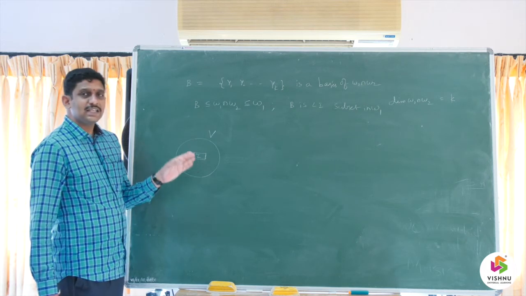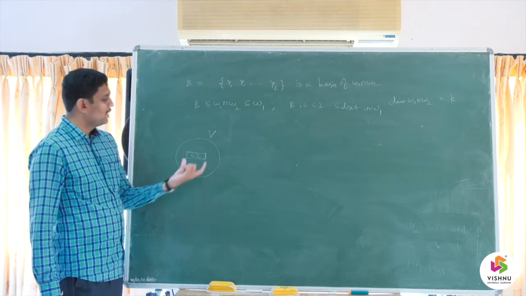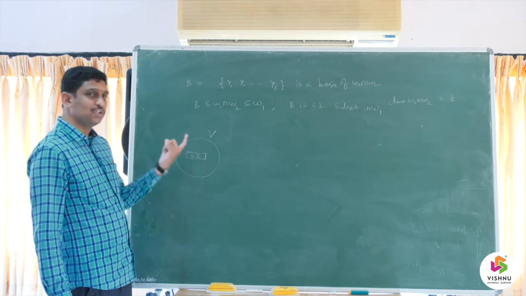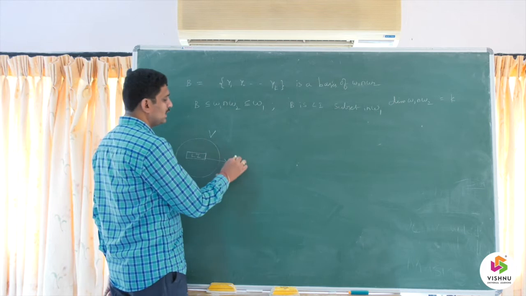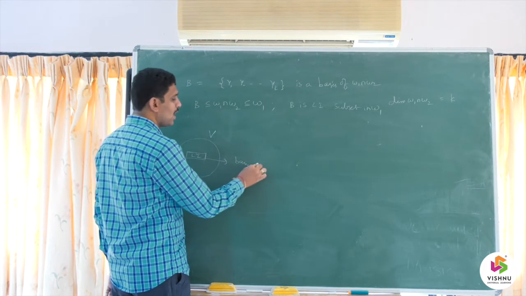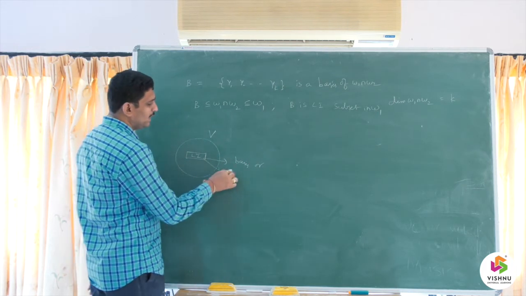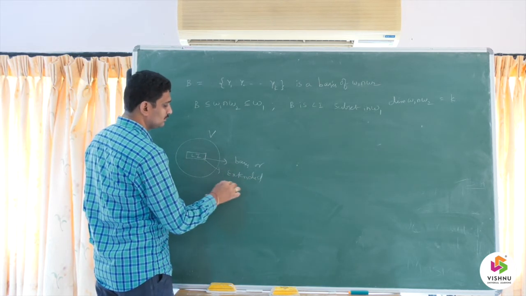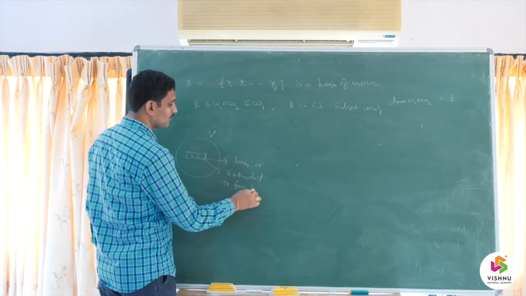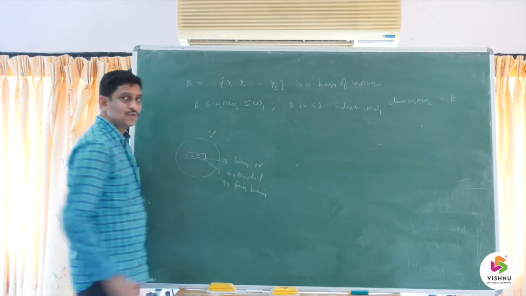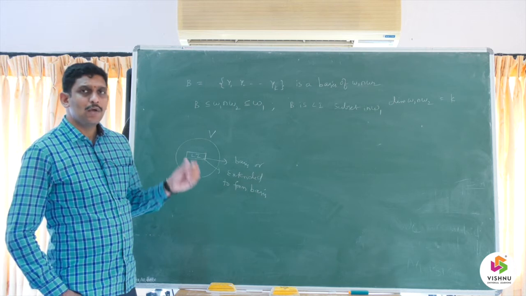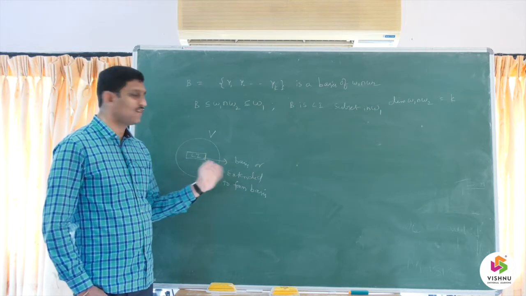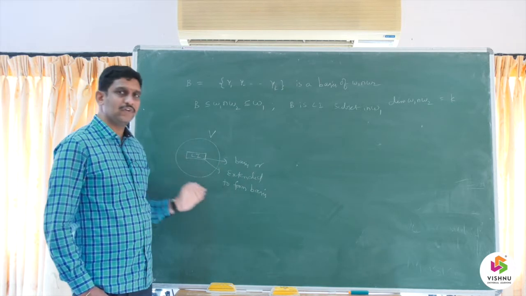The basis extension theorem says that whenever you have a linearly independent subset, it may be a basis, or it can be extended to form a basis. What is meant by extended? By adding some more vectors to it, you can find a basis. This is the actual meaning of it.